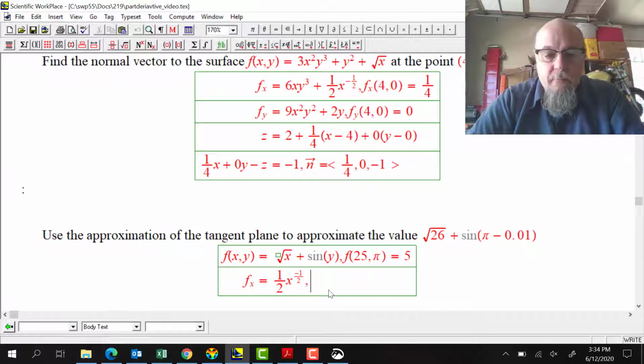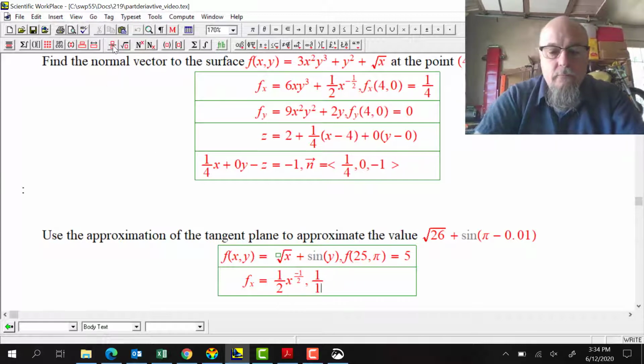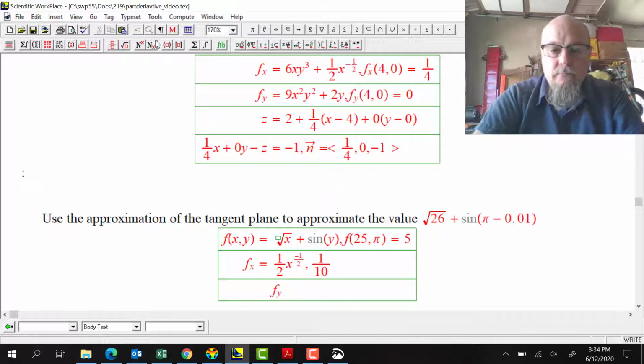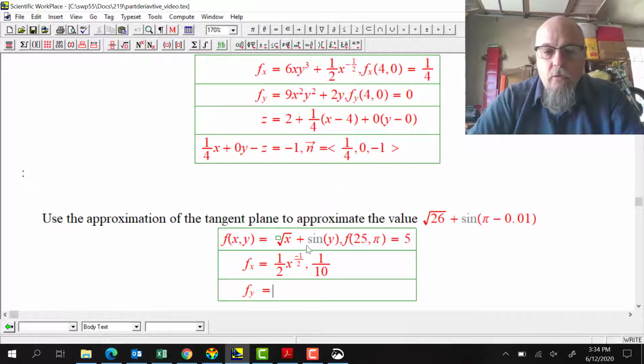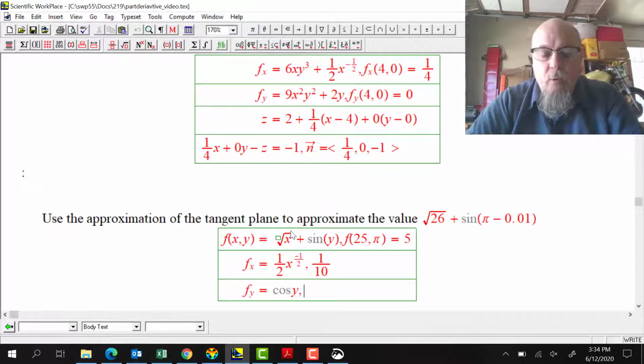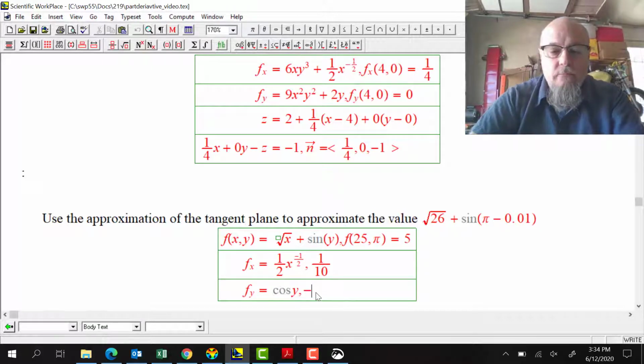So that's going to be, as far as a number goes, 1 over 5, that's a tenth. I need the derivative with respect to y. So the square root term gives 0, and the sine is going to be cosine y. And I need that evaluated at the point. Well, cosine of pi is minus 1.